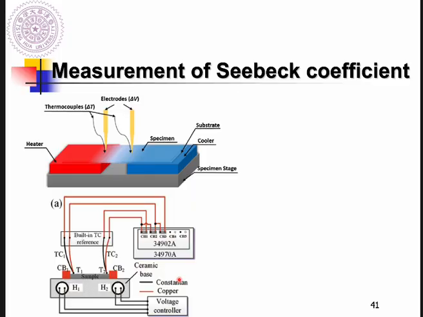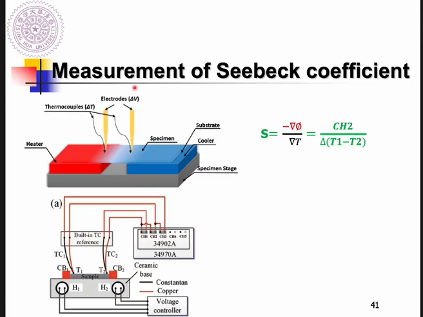The Seebeck coefficient is a material property to describe these materials. It is defined as when you apply a temperature gradient, how much electrical potential gradient is generated. We also put a negative sign here.